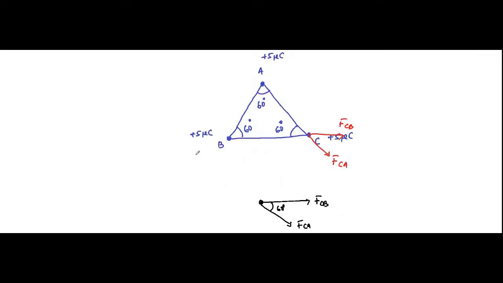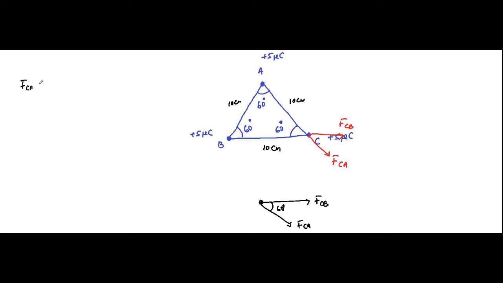So now let us try to find out FCA and FCB. It will be equal, because these are all 10 centimeter, this is also 10 centimeter, separation distance is same, magnitude is same.